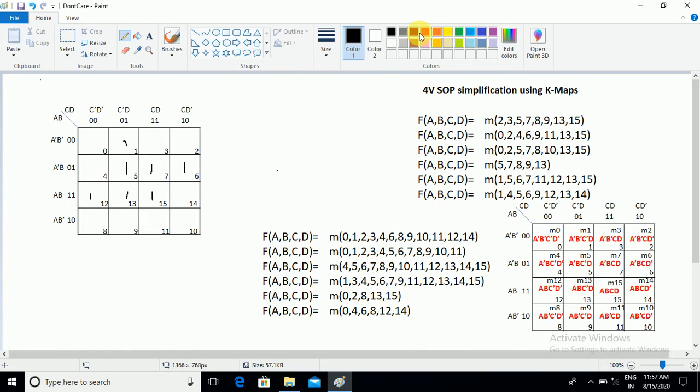Okay, here I am creating the group of 4 cells, and one overlap with 1, another overlap with 6 and 7, and another overlap with 12 and 13.